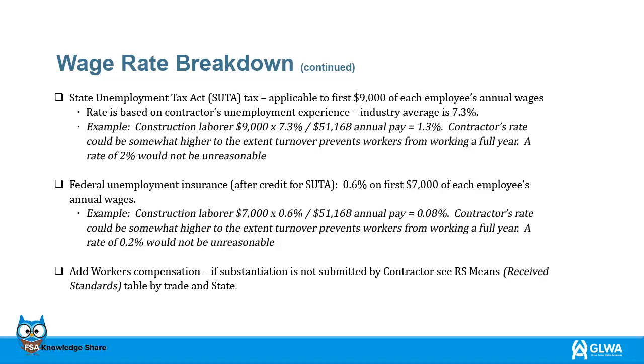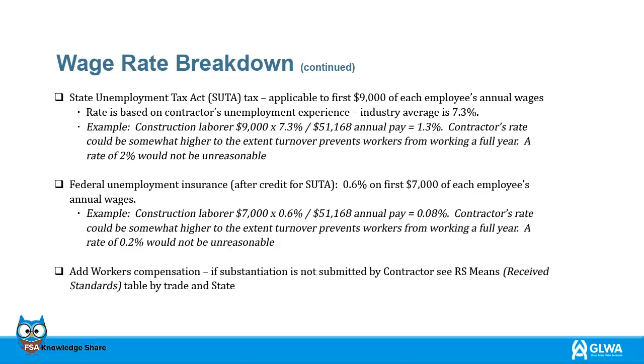Industry average is 7.3%. Example, construction labor $9,000 times 7.3% divided by $51,168 annual pay equals 1.3%. Contractor's rate could be somewhat higher to the extent turnover prevents workers from working a full year. A rate of 2% would not be unreasonable.